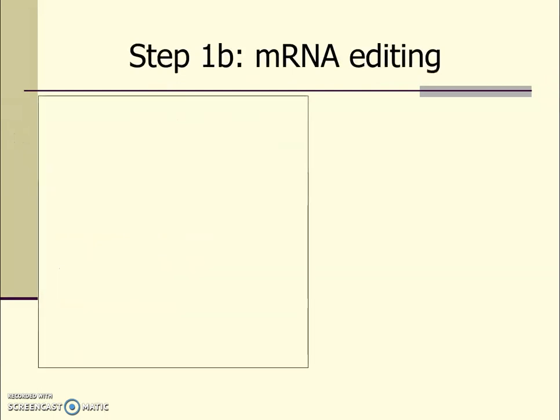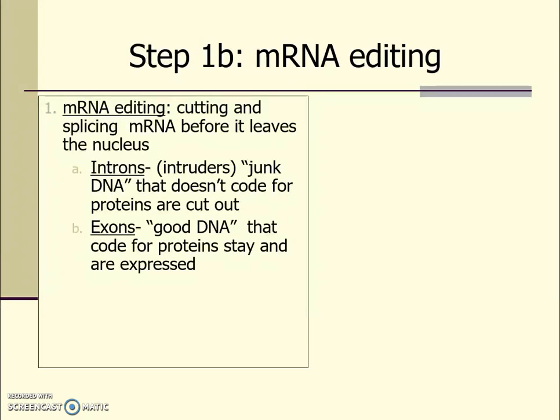But before it leaves, all the information has to be edited. Now, not all the codons on mRNA can be coded. So there are segments of RNA that will be taken out.